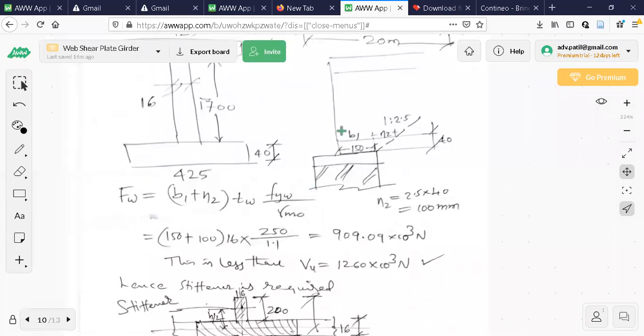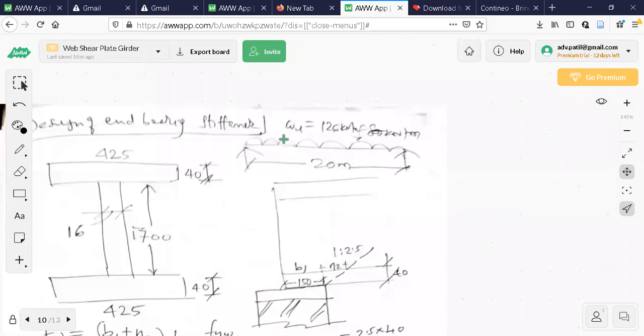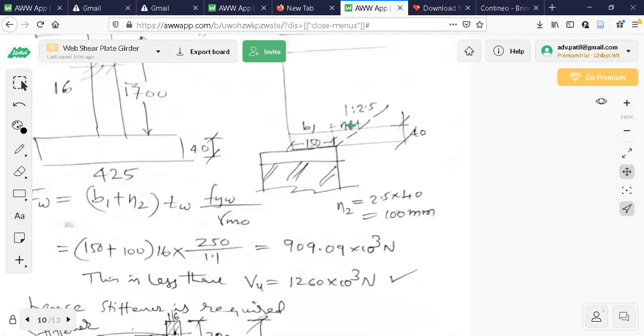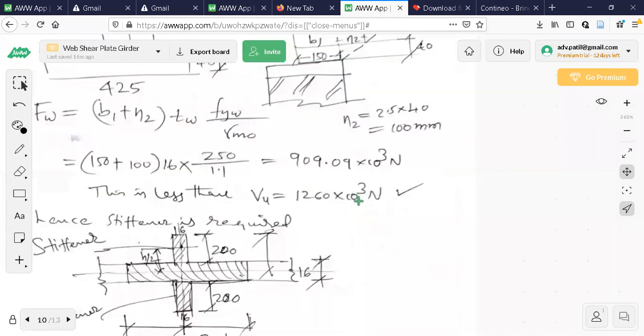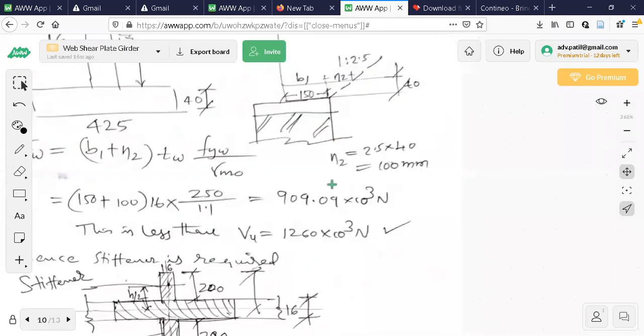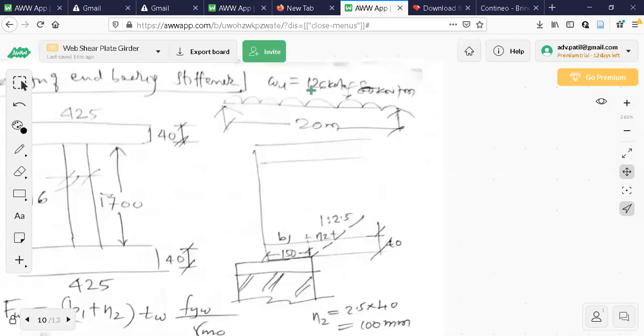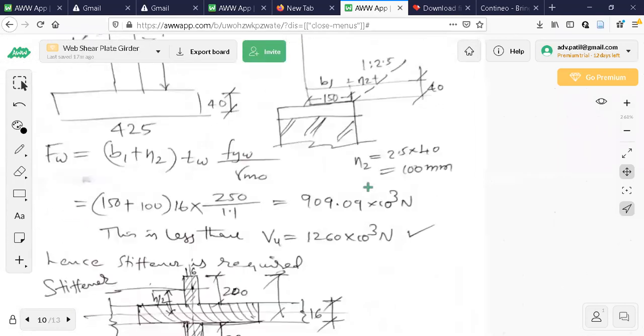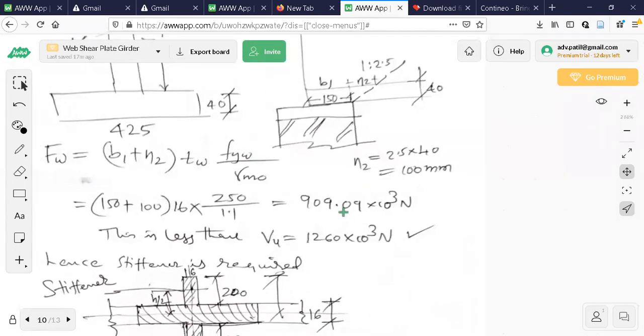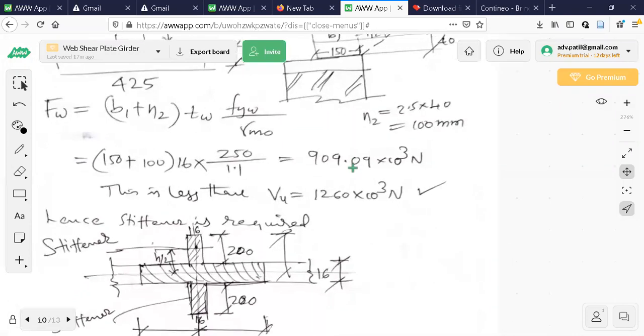Here you can see the maximum shear is at the support, WL by 2, and the value is 1260 into 10 raised to 3 Newton. If you want, you can try this: WL by 2, 126 into 20 by 2. That value is the maximum shear force near the support.